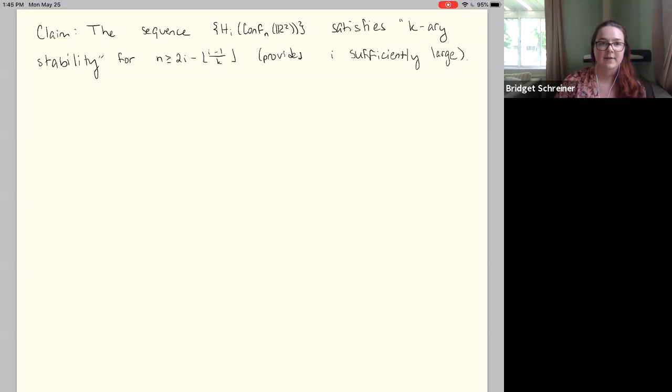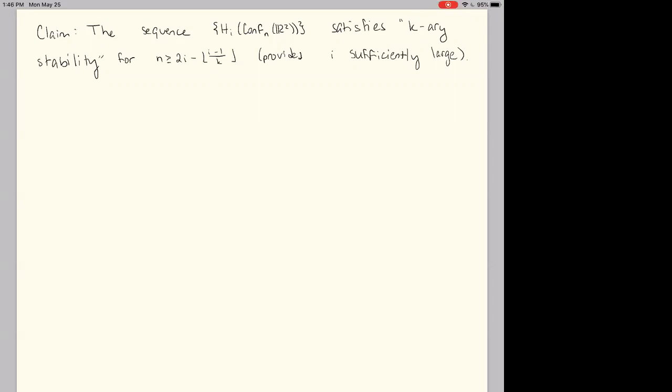So the cross effects measure how far something is from being stable, and we're thinking that these K-area stability ranges should correspond to the kth cross effects of some functor. Okay, thanks.